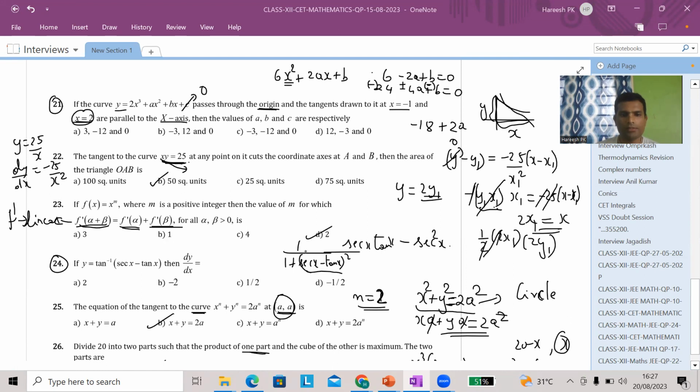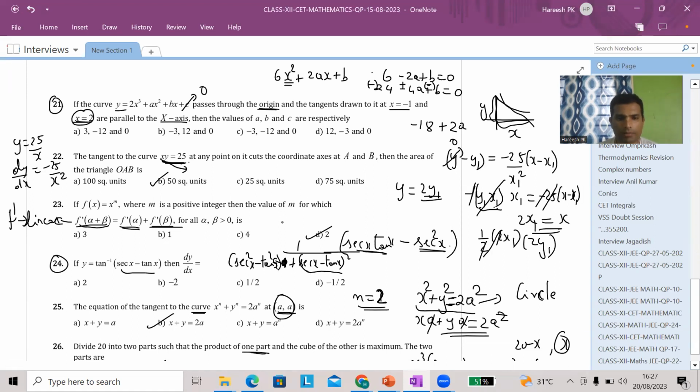When we differentiated this, we got 1 by (1 plus secant x minus tan x) whole square, into the derivative of secant x and the derivative of tan x, right? Now we'll write 1 as secant square x minus tan square x, which can further be written as (secant x minus tan x) into (secant x plus tan x).